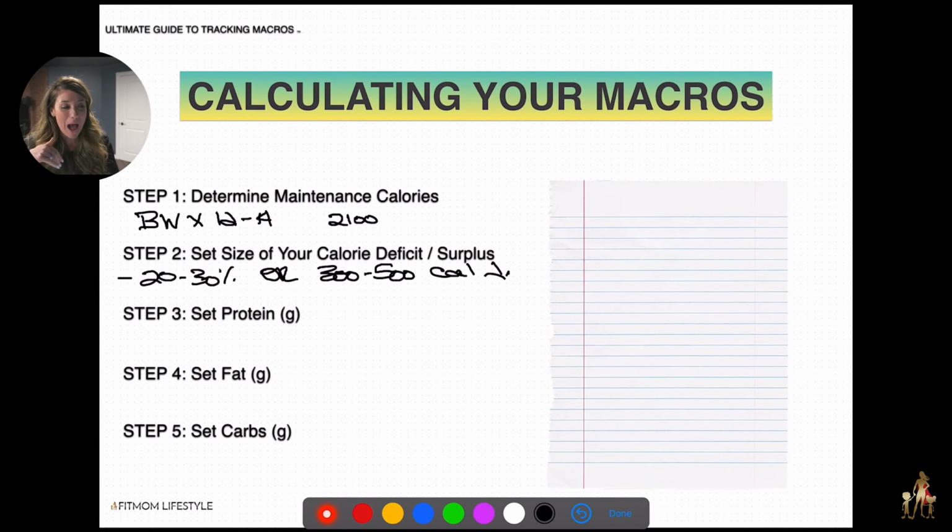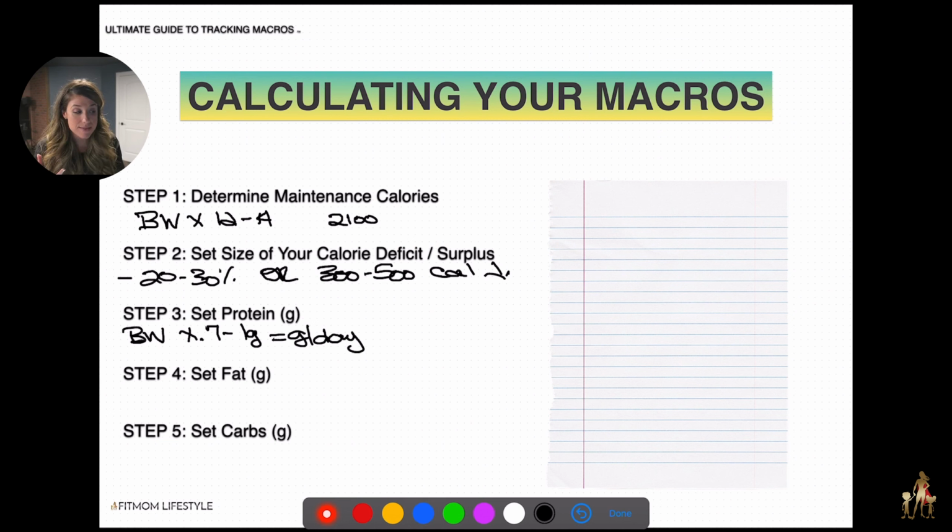So what does that look like? Adequate protein, you are going to take your body weight in pounds, right, times 0.7 to 1 gram per pound of your body weight, okay? That's going to give you your grams per day. For me as an individual that is active, I generally go on the upper end here of 0.9 to 1 grams per pound of body weight.